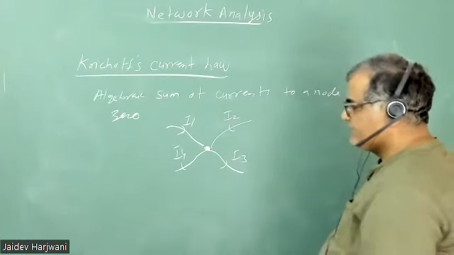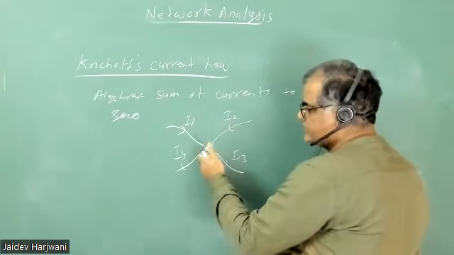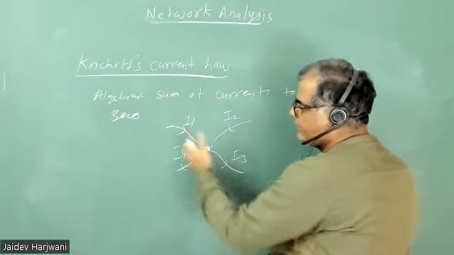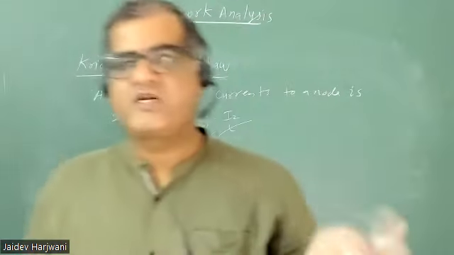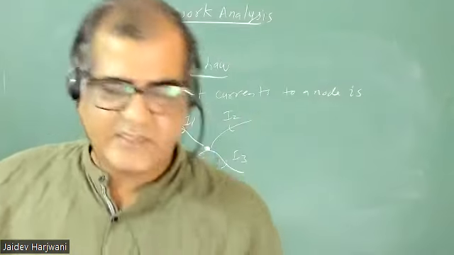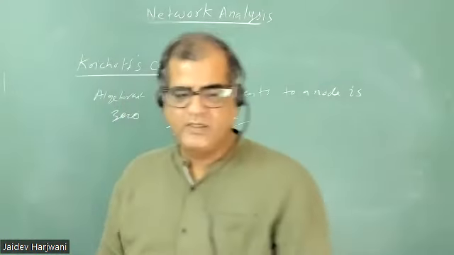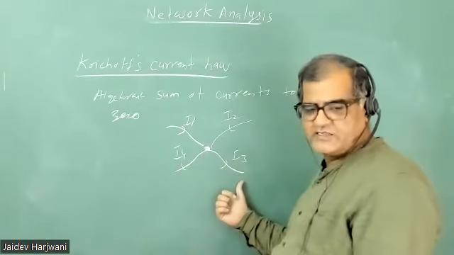So that means some currents are incoming towards the node, some are leaving. Now it is your choice which current you want to take positive or which current you want to take negative. KCL will take care of everything, you just have to choose whether you want to take incoming current positive or outgoing current positive.